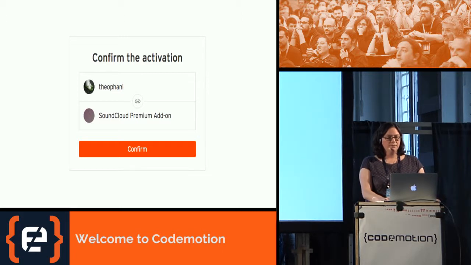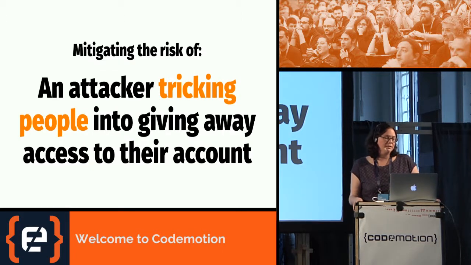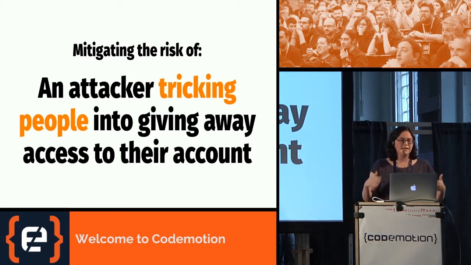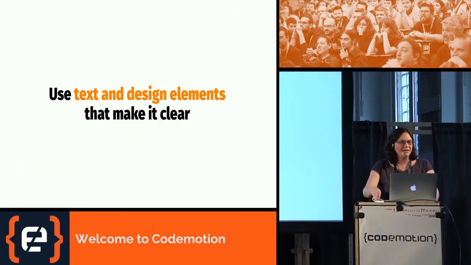So to mitigate the risk of these kinds of trick attacks, what are some of the ways we can do this? Now, the main way to do this is to use text and design elements that make it clear what is happening so people can fully understand what's happening, even in the case where the user is trying to manipulate them.